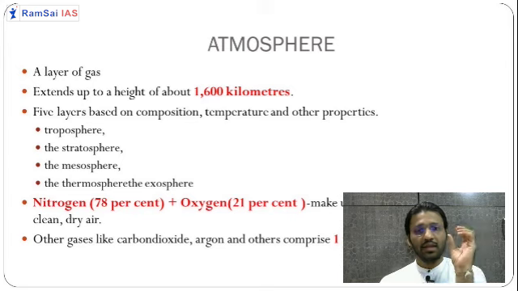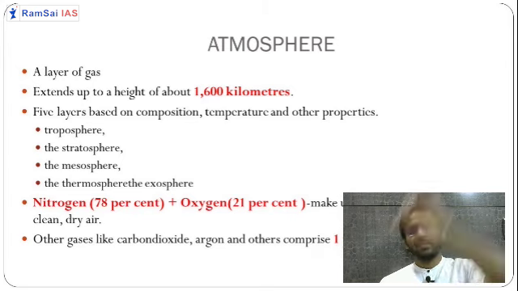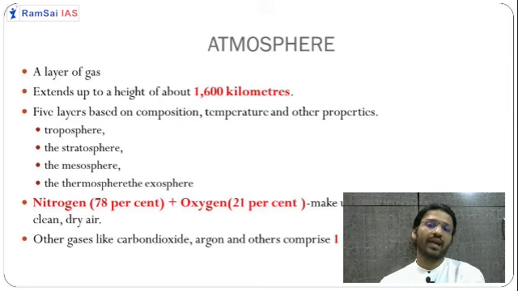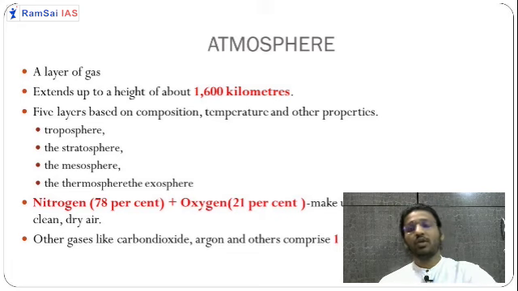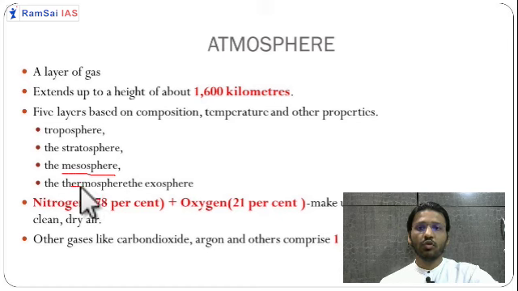If we want to divide this layer of gas from the surface to the top in the sky, we can divide it into 5 parts. Which are those 5 parts, from the base to the top? First is the troposphere, then the stratosphere, then the mesosphere, then the thermosphere, and the last one is the exosphere.